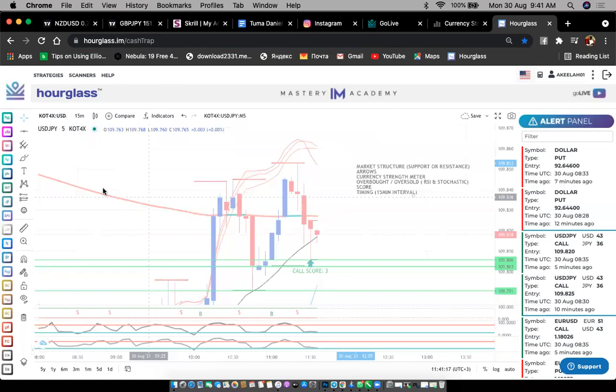When everything is in alignment, you want to see 4 reds for a sell, 4 greens for a buy. Does that make sense? Yes.